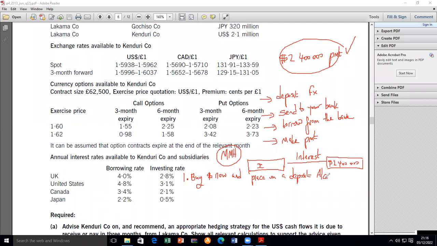That is my suggestion. You buy the dollars now and place them on a deposit account. Buy the dollars now and place them where? Here.